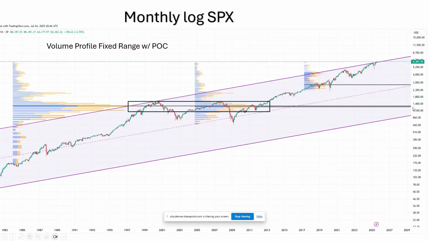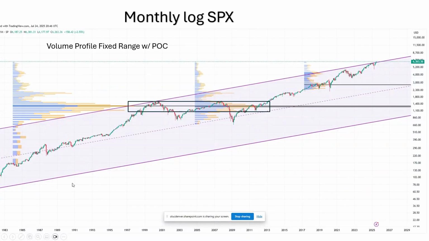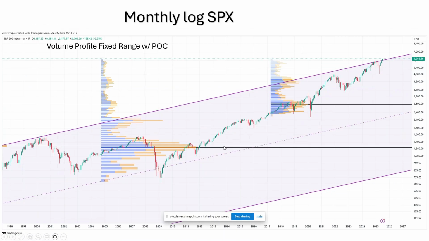Okay, so I zoomed in a little bit more. Major point of control, not likely to get there. This one here, through here, that's about a 2/3 drop. Sorry, this is a real terrible drop.